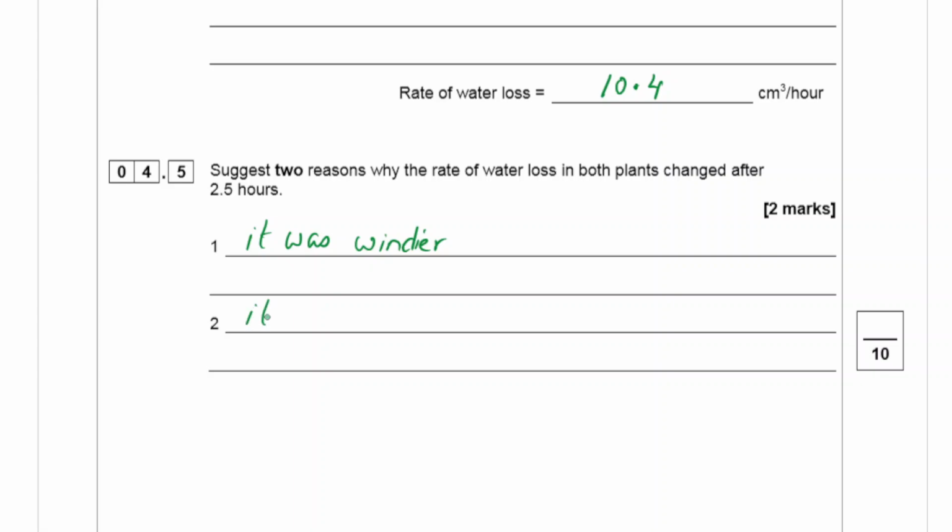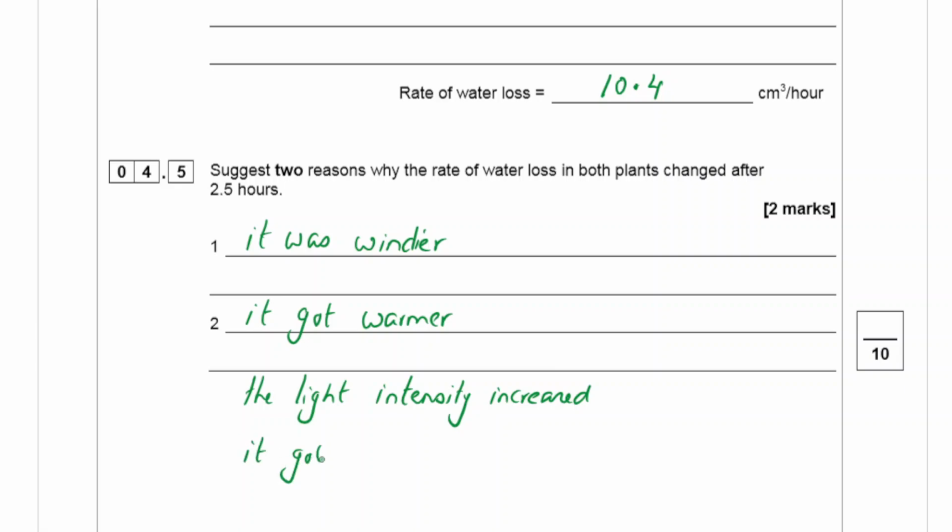It got warmer, or you could say the light intensity increased, or you could say it got less humid.